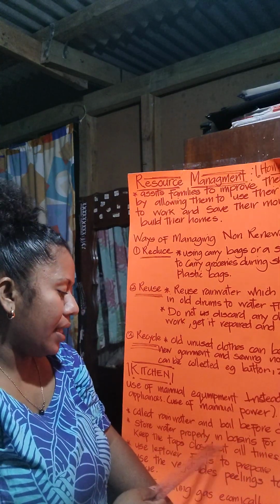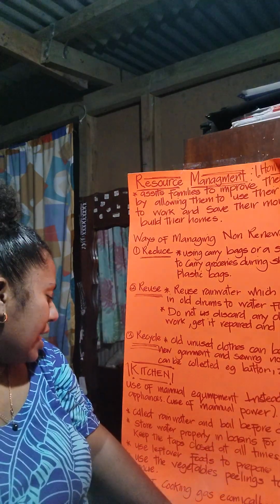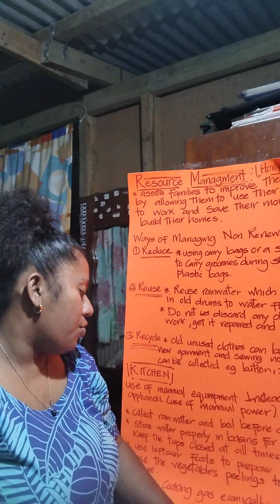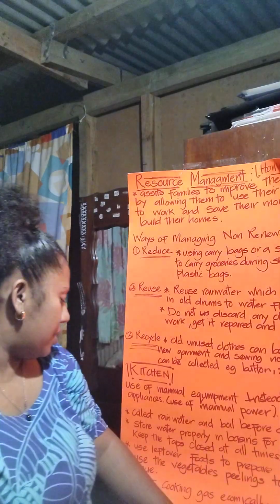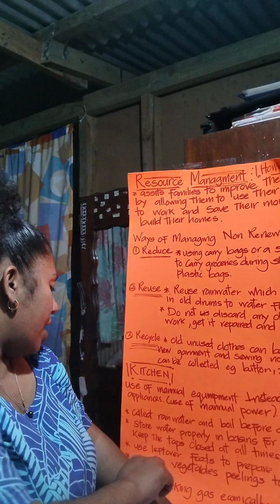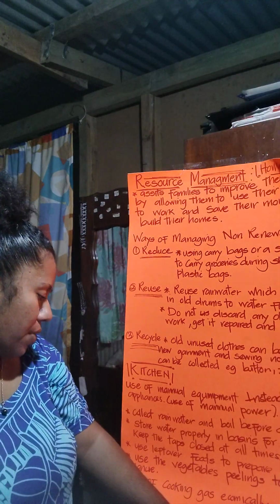Store water properly in basins for washing. Always keep the taps closed at all times. Make sure when you finish using the taps, make sure to close them. Use leftover foods to prepare meals. Use the vegetable peelings to produce compost manure.